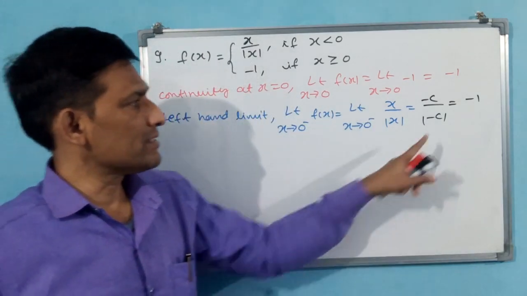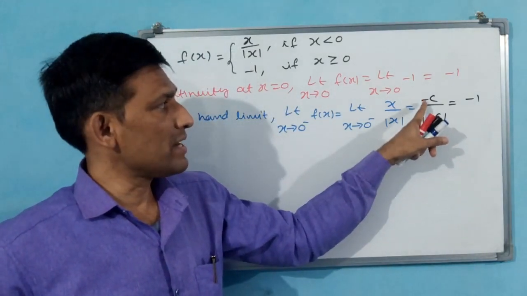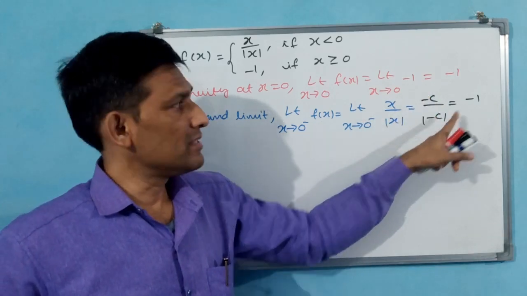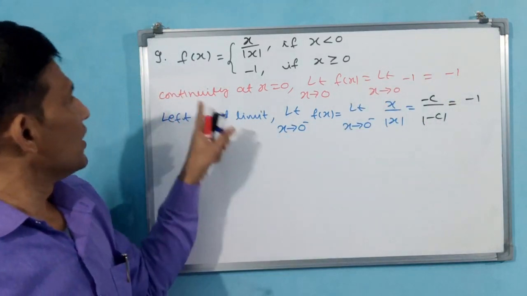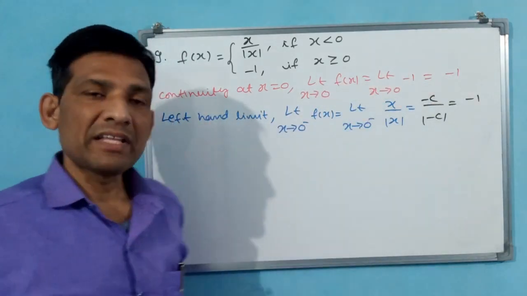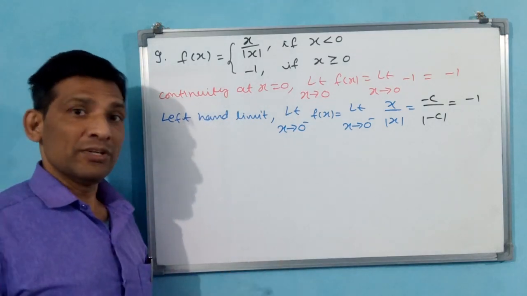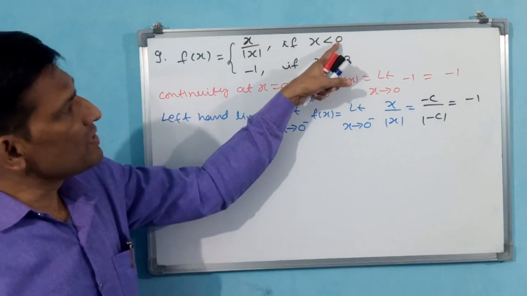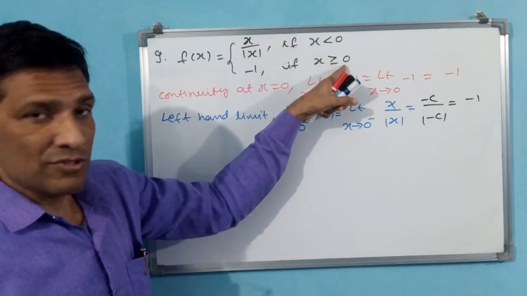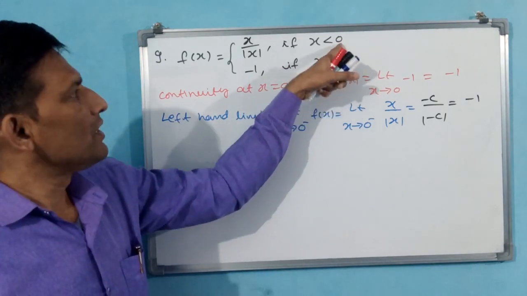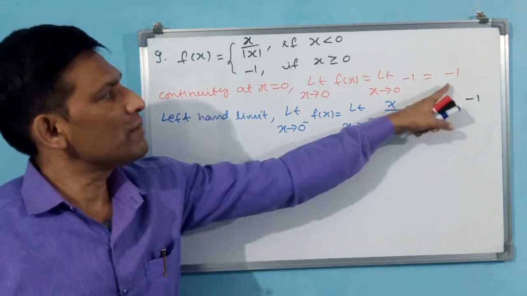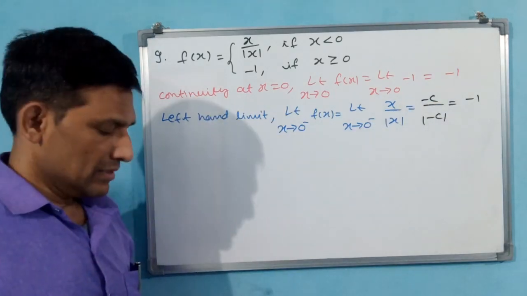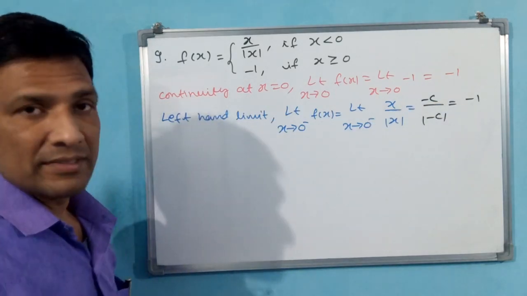Because this modulus of minus x will come plus x, but here minus x is there. Minus x by plus x, minus 1. Okay. Now you tell me both are minus 1. Whether it is continuous or not? Continuous only. You see, without doing this question, if somebody sees, there may be discontinuity at 0. But after doing, we came to know that this is continuous. Then you write continuous.